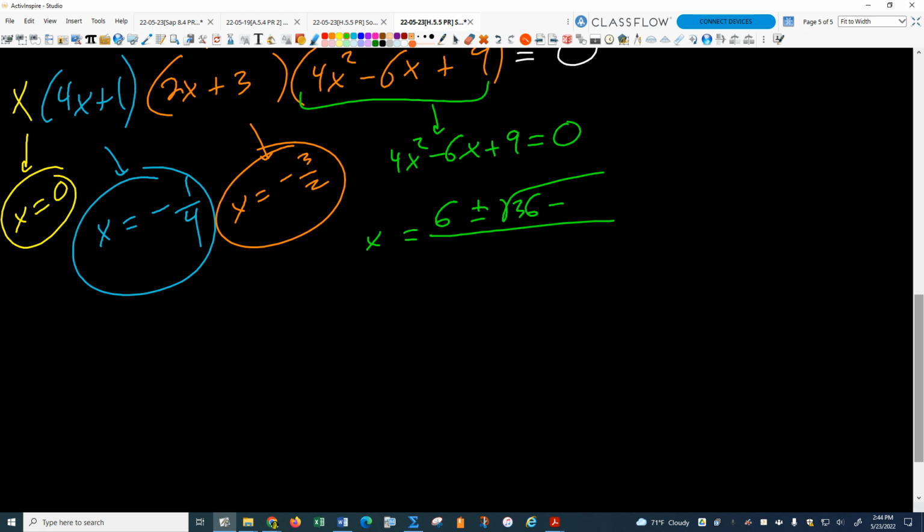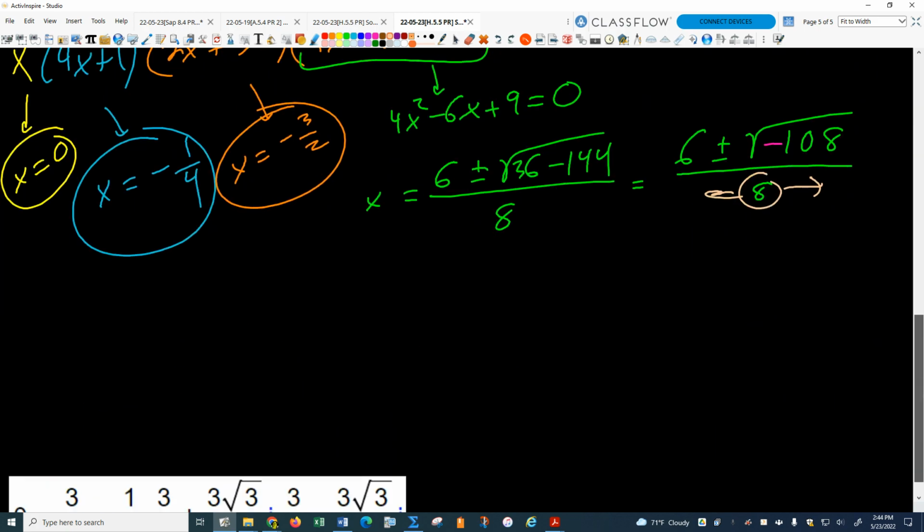So that's 4 times 36 is what, 104? Or 144? And then on the bottom I've got 2 times 4 is 8. Okay? So that's going to be 6 plus or minus the square root of negative 144, all divided by 8. Well, let's go ahead and split that denominator.